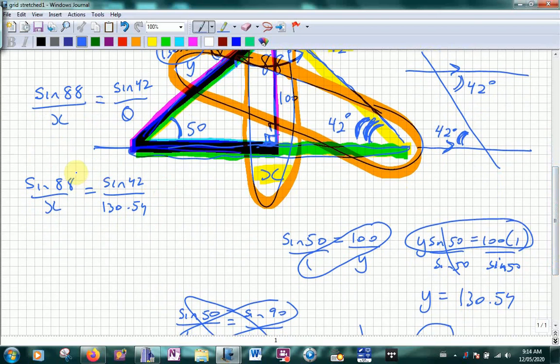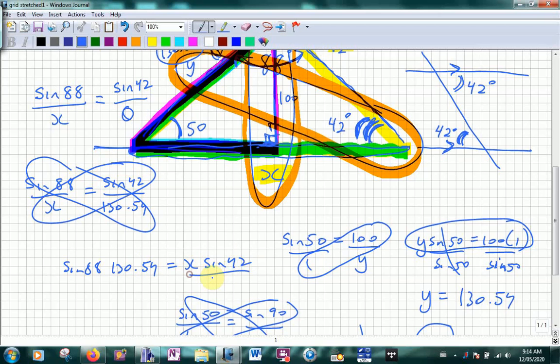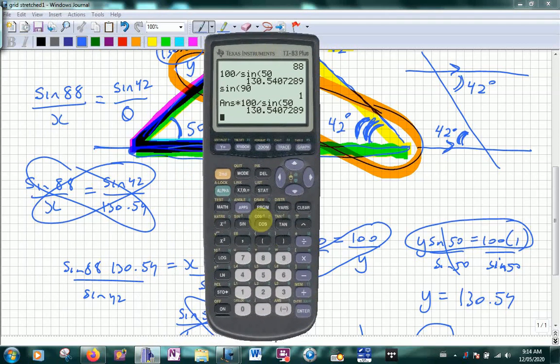Get rid of that. Okay, sine 88 times that is x times sine 42, divide by sine 42, and x is, close that bracket or hit enter, otherwise it's wrong, that times that, divided by that, 194.97.